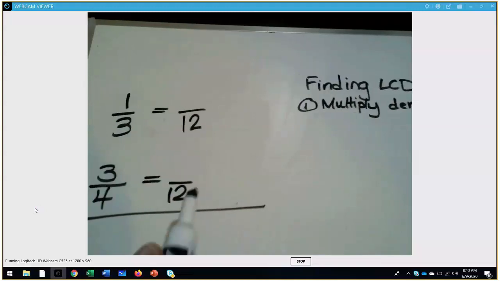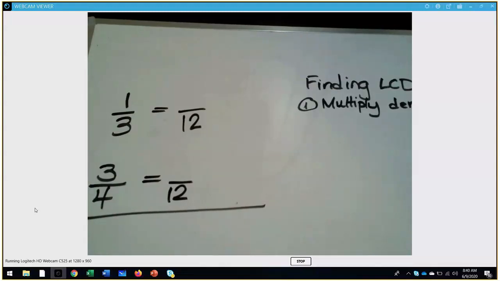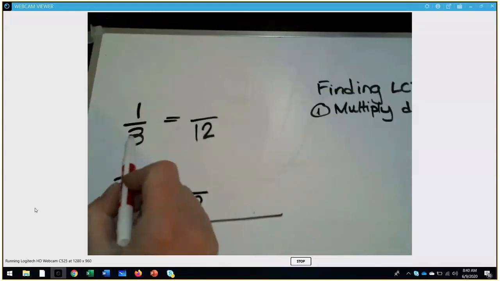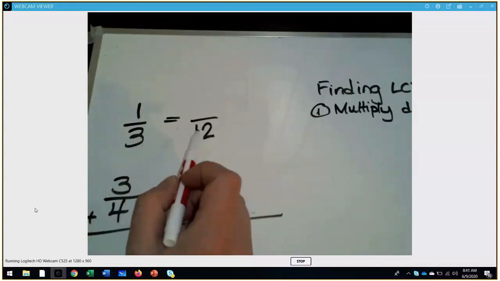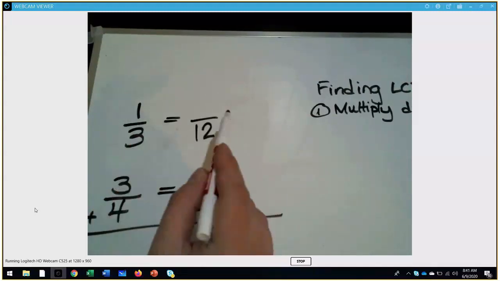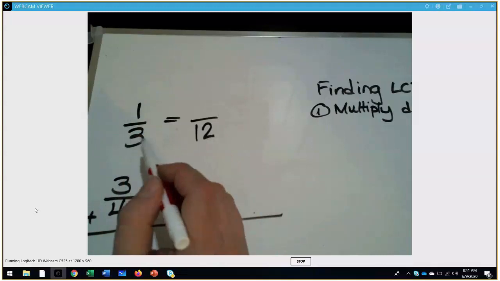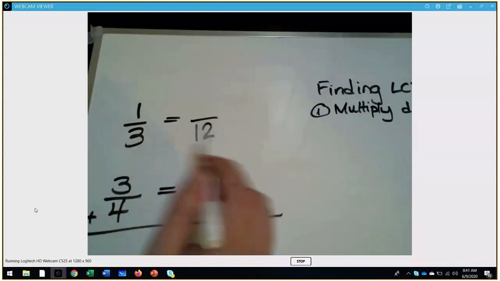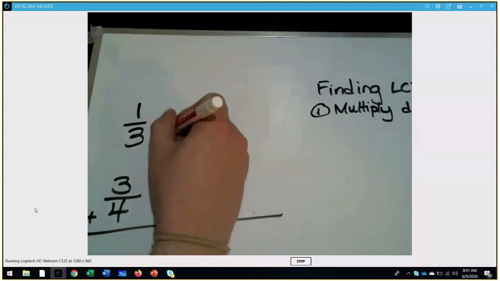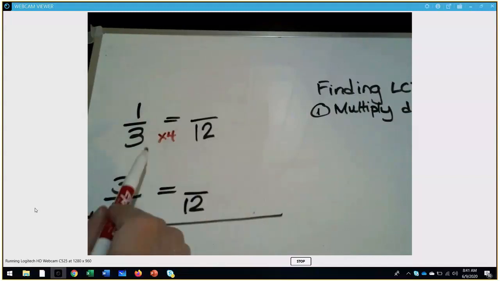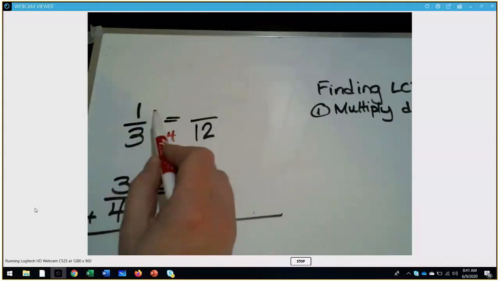Okay, so the next step tells us we need to multiply these out, I guess I should say, and make the numerators match. So what that means is we need to figure out what do we multiply 3 by to make a 12, and then do the same thing to the numerator.